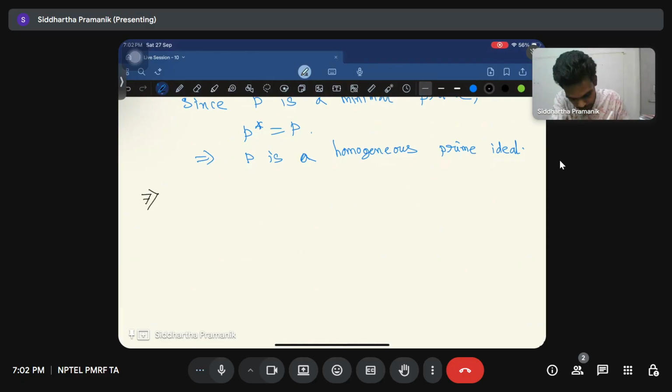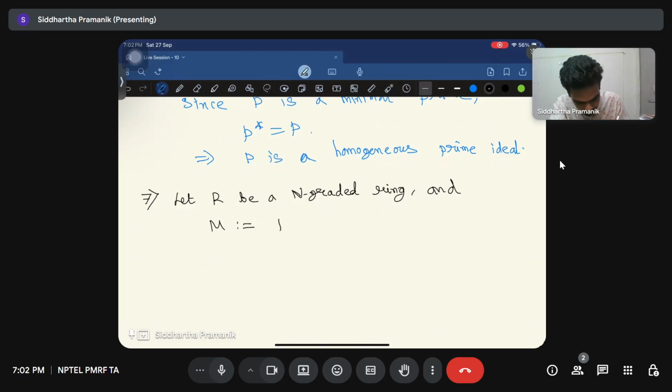Let R be a graded ring and suppose M is defined by R shifted by -5, direct sum R shifted by -8, direct sum R shifted by -9, and let's say N equals R shifted by -3.